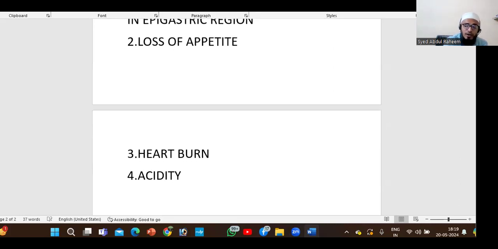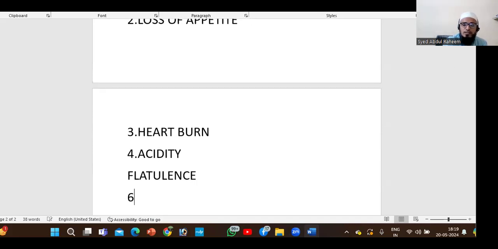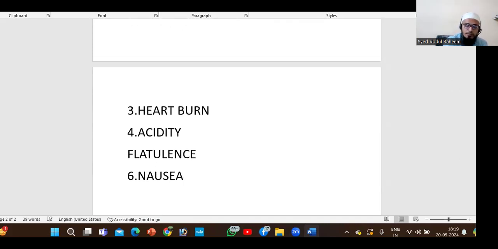The fifth one is that the patient has flatulence, gas. And the sixth one is very important: nausea, sometimes, not always.